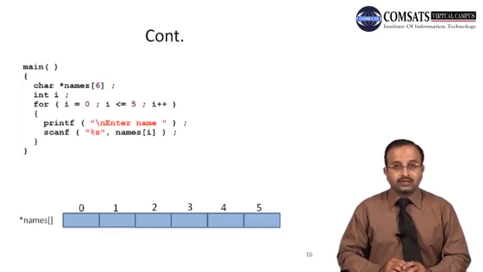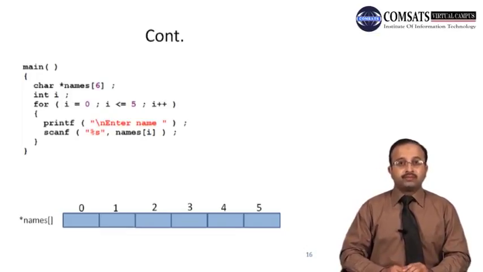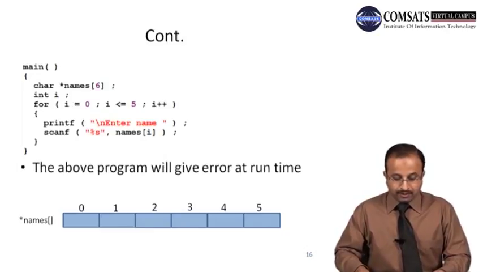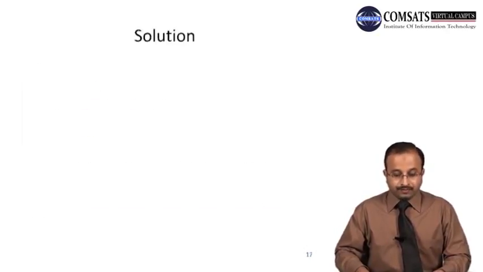So that is the limitation of the array of pointers to string, that you cannot store or you cannot assign the string that is input from the user, but there is a way to do so. So the above program will give an error at runtime.